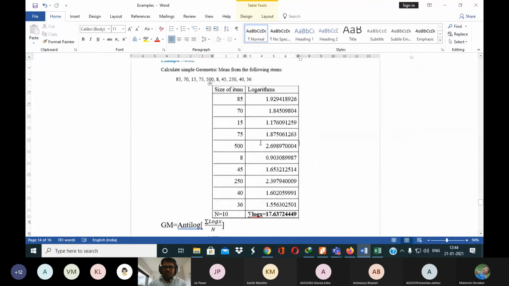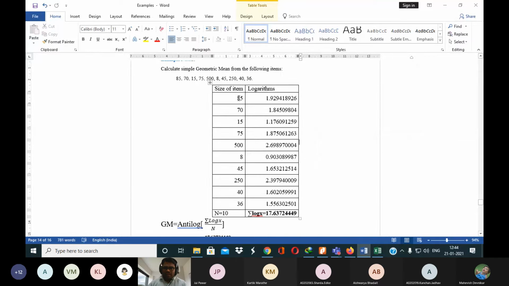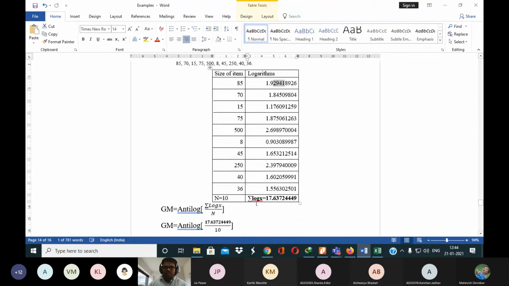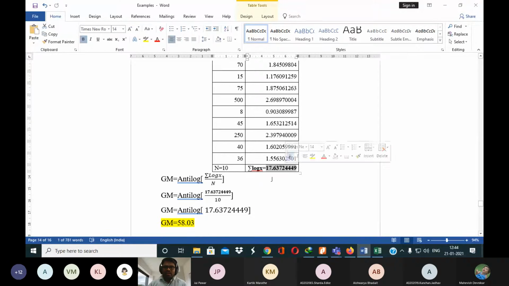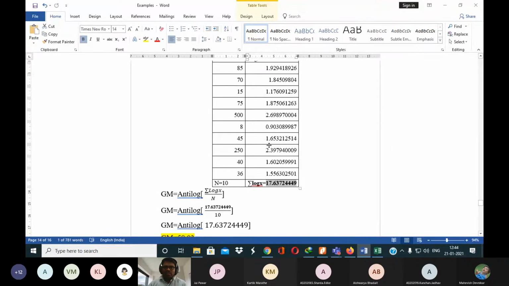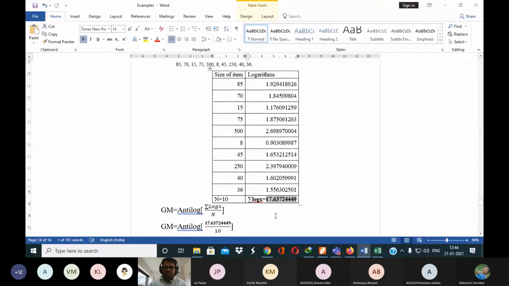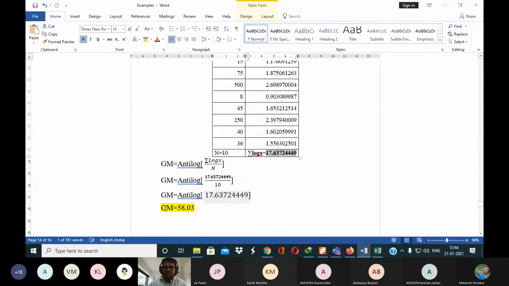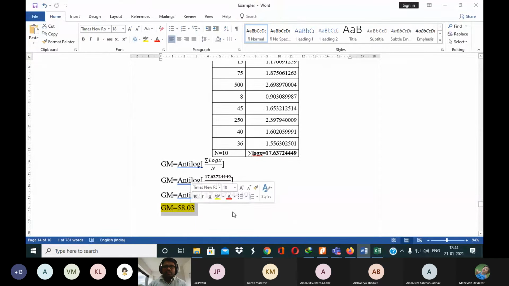We have written the log value of 85 as 1.92, like this and so on, and we calculated the summation of log of x, and the geometric mean is 58.03.